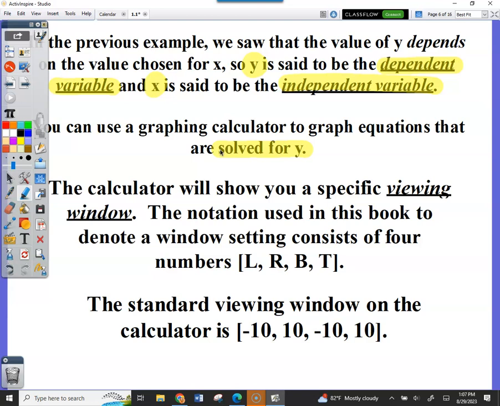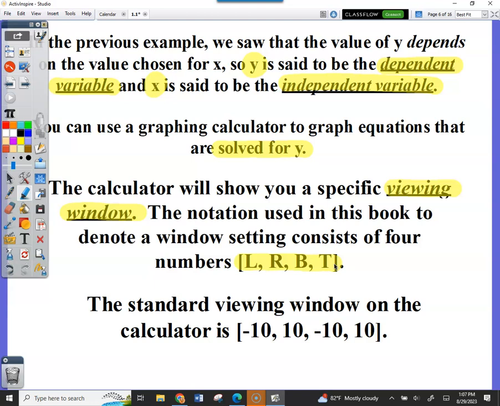Also in your calculator, you do have what's called the viewing window. The viewing window is always of the form L, R, B, T. Let me explain: L is for left, R is for right, B is for bottom, T is for top.